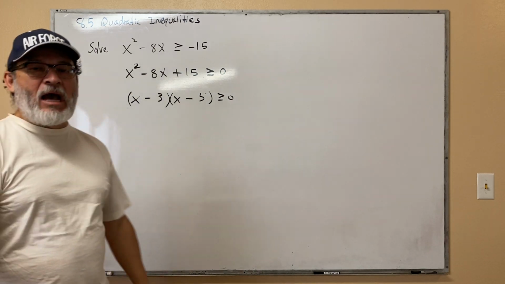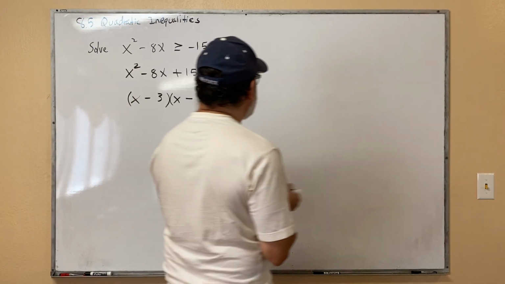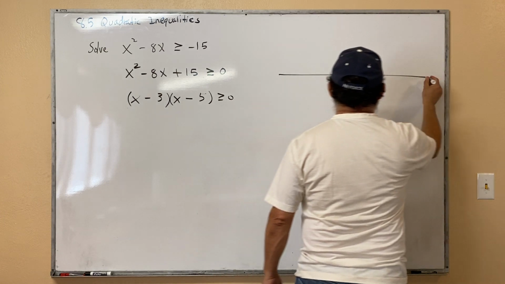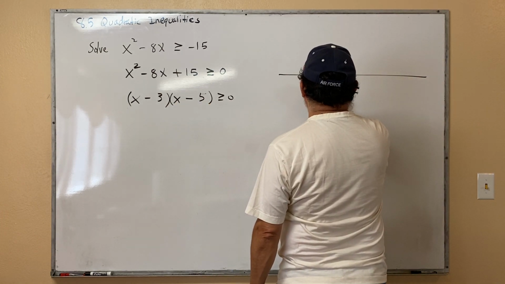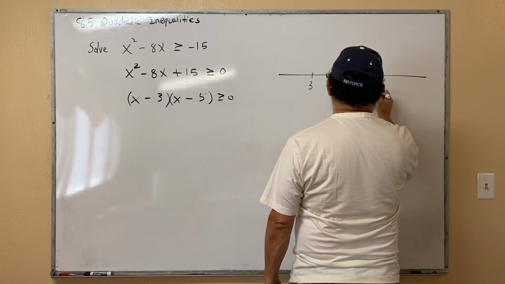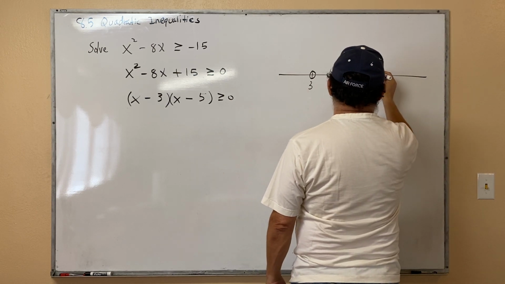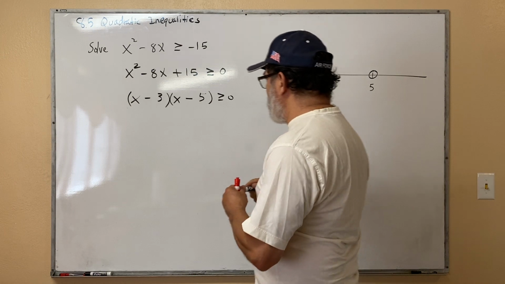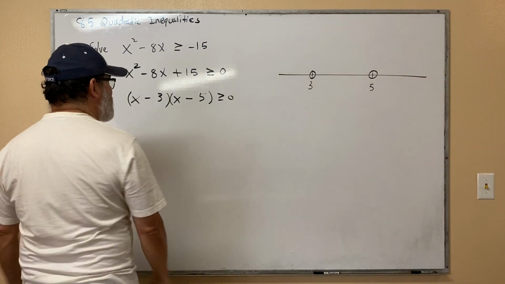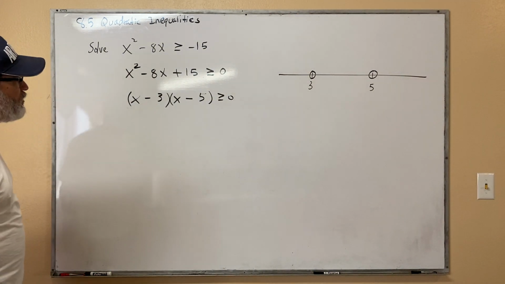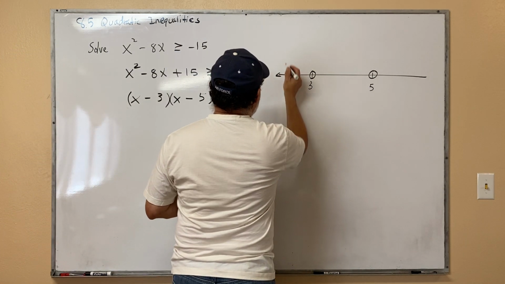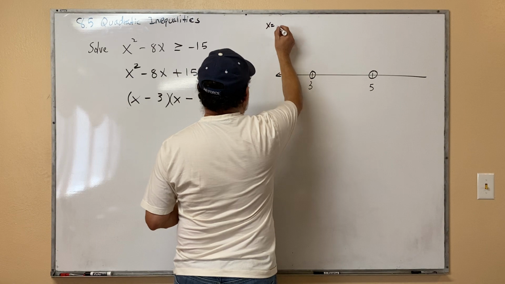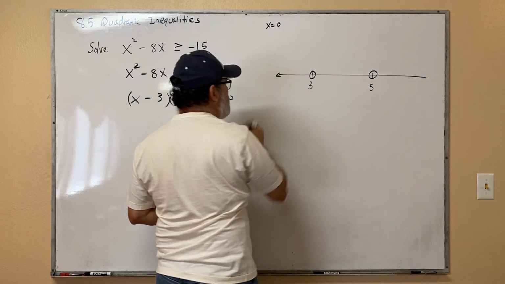So let's go to the boundary values, 3 and 5, circle. And now we're going to check each region. What should I check from this region? From this region, x equals 0.